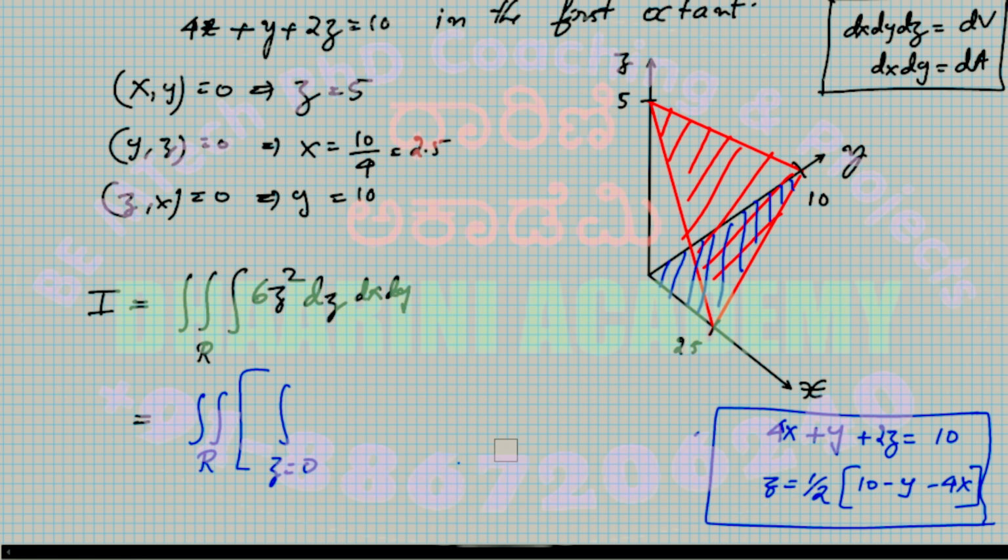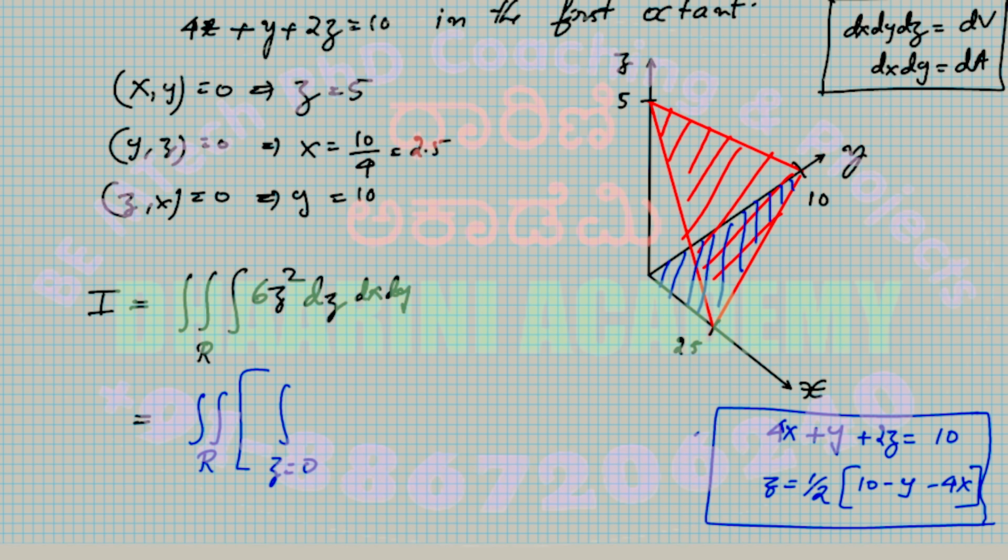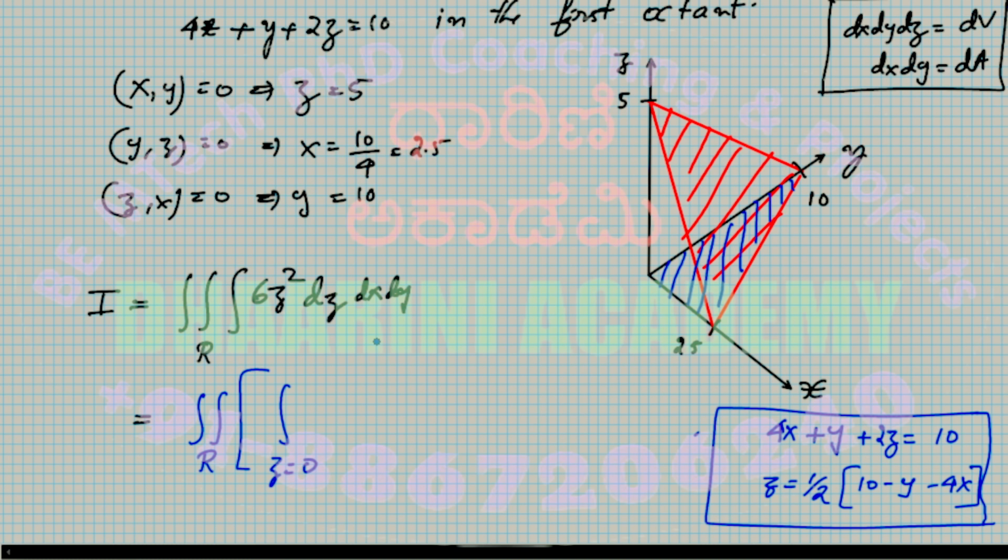That's how z varies. So you know now what is the highest limit of z. That is equal to half of 10 minus y minus 4x, right?